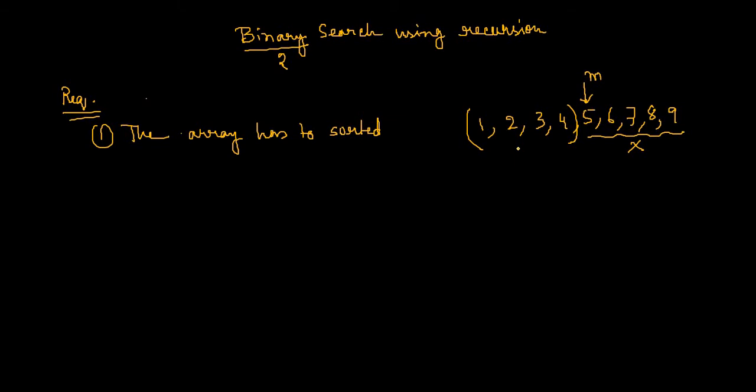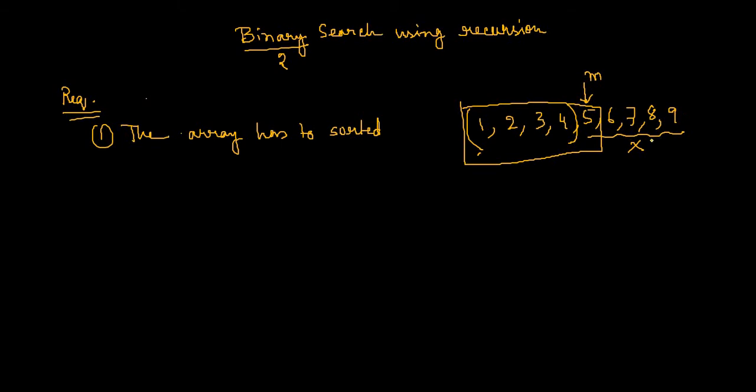And maybe the opposite scenario also happens. For example, if I try to search 8, the value is greater than the value present in the middle position. In that case, I can be sure that in this particular part, from 0 to 5, what I am trying to search is not present.